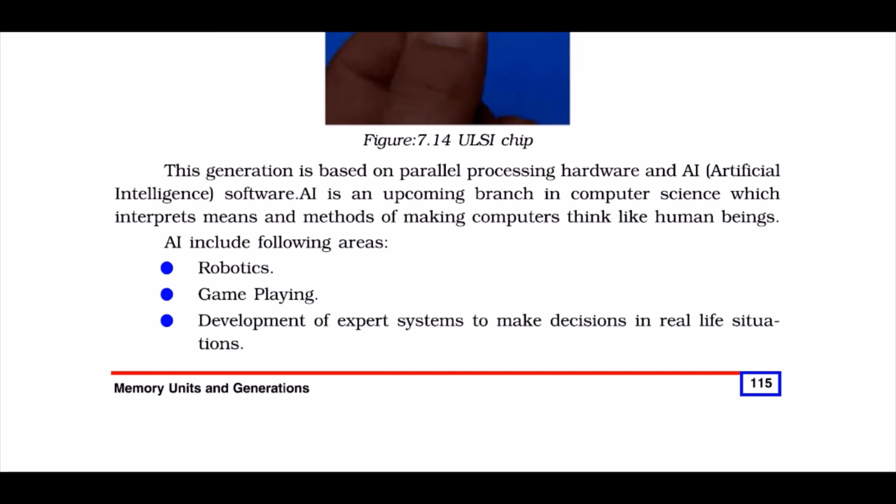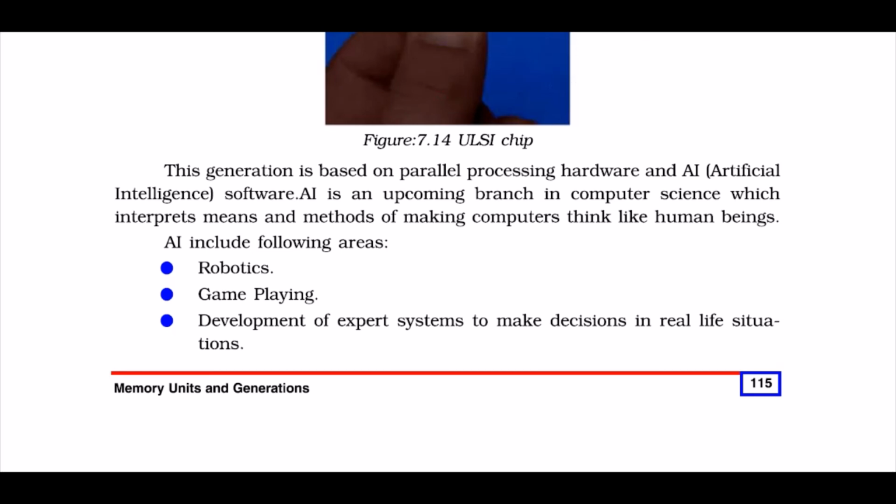This generation is based on parallel processing hardware and AI, artificial intelligence software. AI is an upcoming branch of computer science, or already a branch, which interprets means and methods of making computers think like human beings, the way we think.